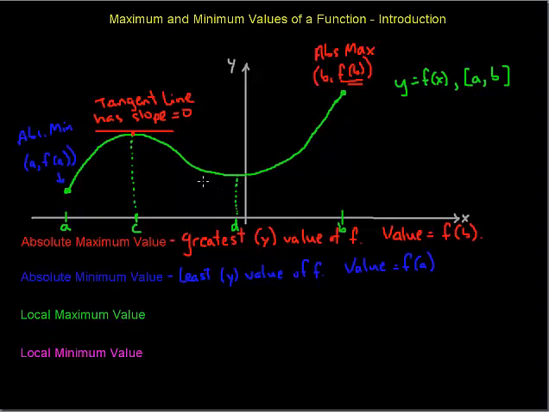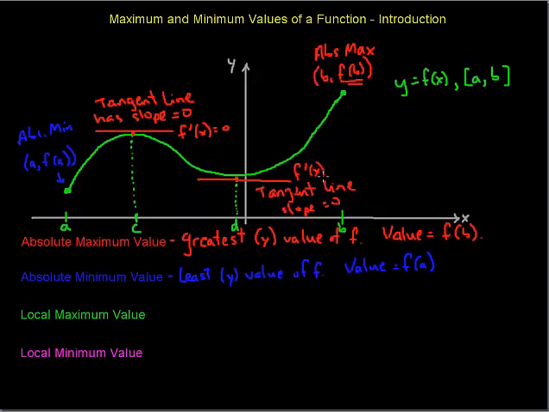And here at d, again, it also has a horizontal tangent line, where the tangent line has a slope equal to 0. You might remember that the slope of a tangent line can be found using the first derivative. If this tangent line has a slope of 0, the first derivative is equal to 0.